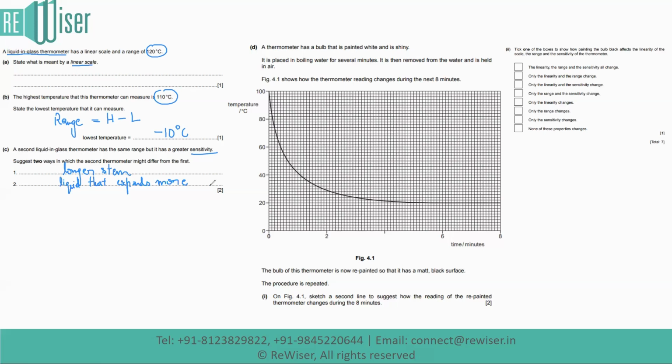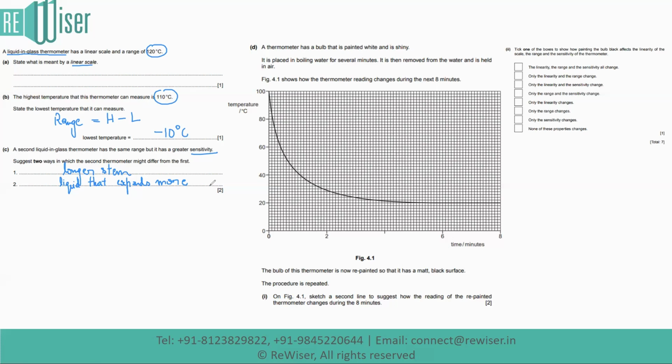On figure 4.1, sketch a second line to show how the reading of the repainted thermometer changes during the 8 minutes. Now we understand that the primary difference here is that the thermometer was first painted white and shiny, and in the second instance it is painted black and has a matte surface.